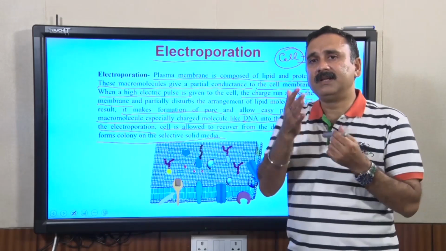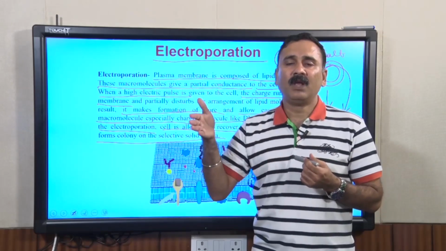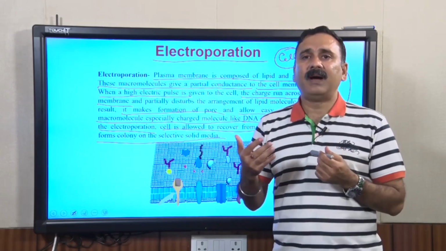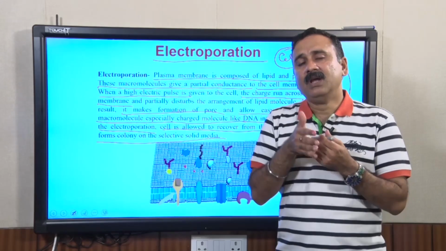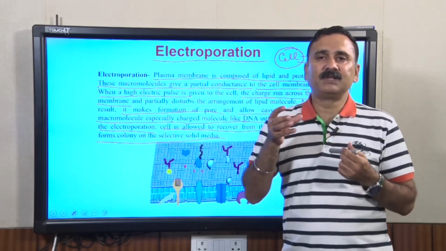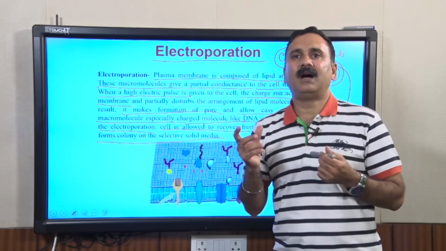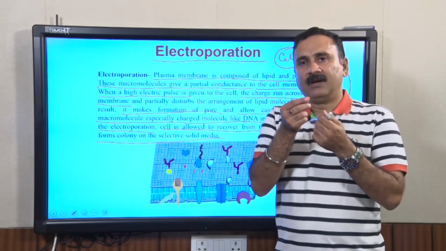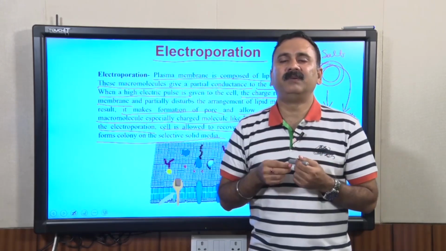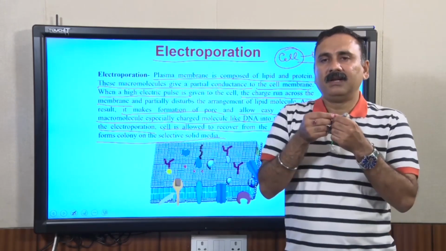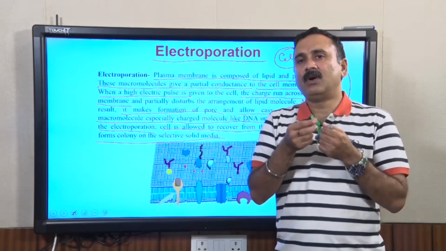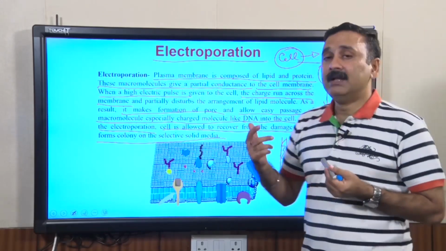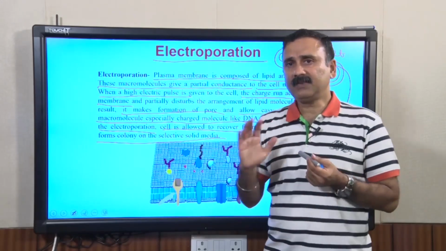What we want to disturb is the charge present on the plasma membrane, which is imparted by the lipids as well as the proteins. If you allow these small ions to be present, they will take up all the charge and will not pass it on to the plasma membrane, and as a result there will be no expansion of the plasma membrane and no pore formation. So, you have to wash these cells until they are free of salts.